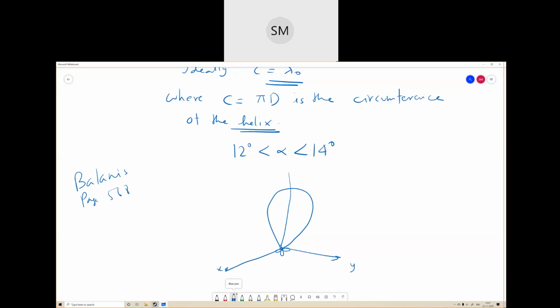The helix is actually here. So this is the radiation pattern of the helical antenna in the axial mode. Please compare it to the broadside pattern of the same helical antenna when it is operated in the normal mode.